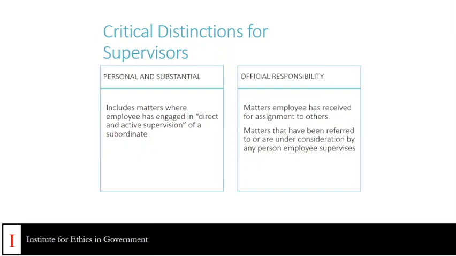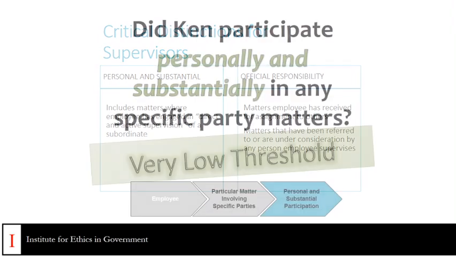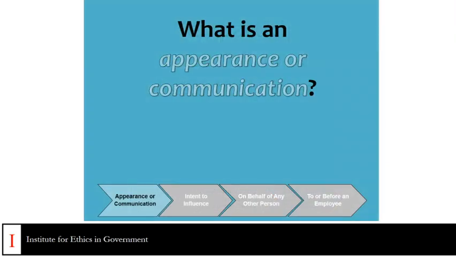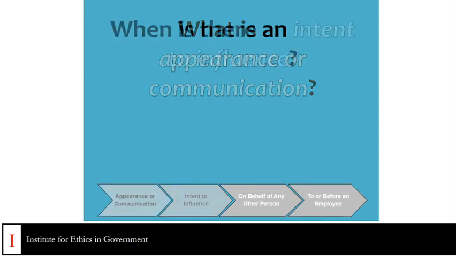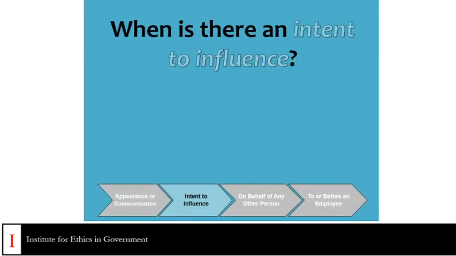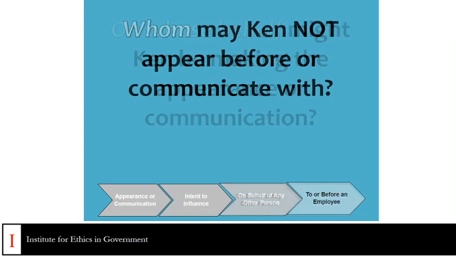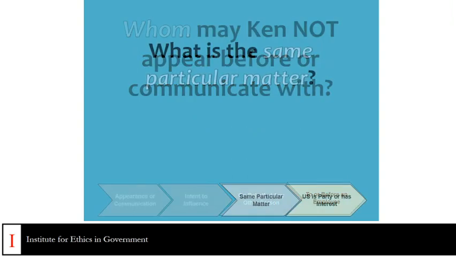We would ask you to be thinking about the critical distinctions for supervisors between personal and substantial and pending under official responsibility, and ask the question, did Ken participate personally and substantially in any specific party matters? What is an appearance or communication? When is there an intent to influence? On whose behalf might Ken be making the appearance or communication? Whom may Ken not appear before or communicate with?